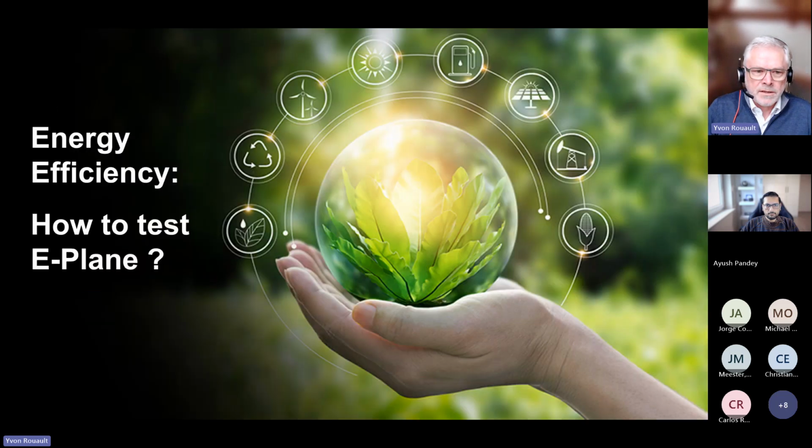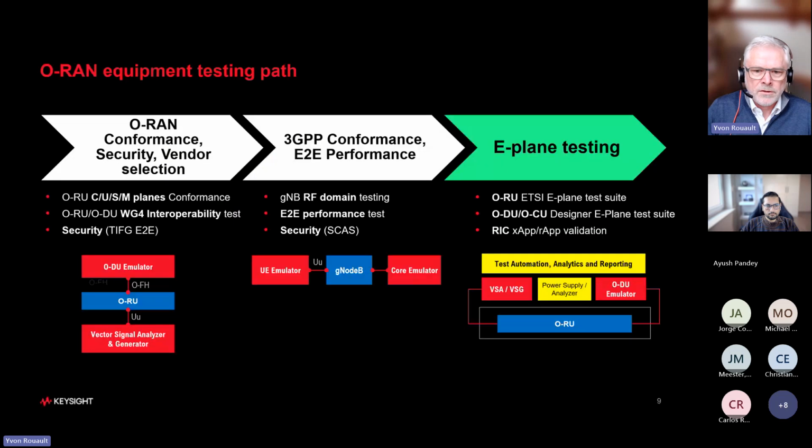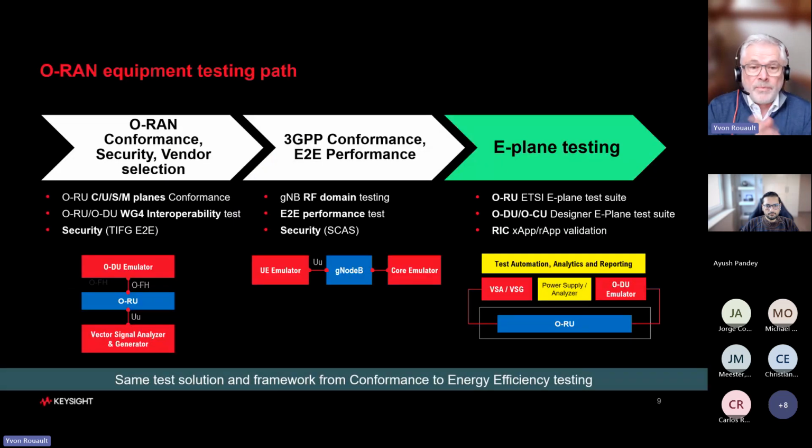Okay, so let's have a look a little bit deeper into the technology now, which is how we're going to test this, how we're going to optimize the energy efficiency. Well, first of all, if you consider a test lab from an operator, today the test labs are mainly in the tier one operators, but we also have in Europe in particular independent labs that are fully equipped to perform those tests.